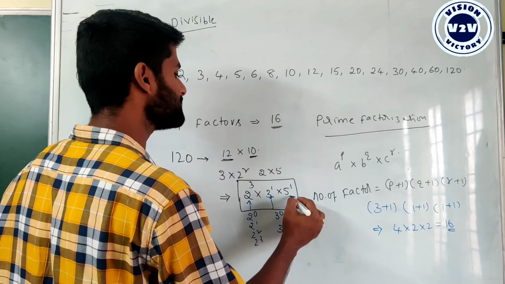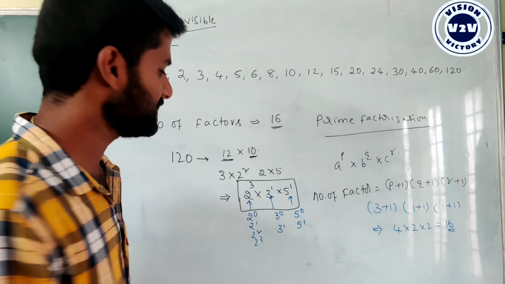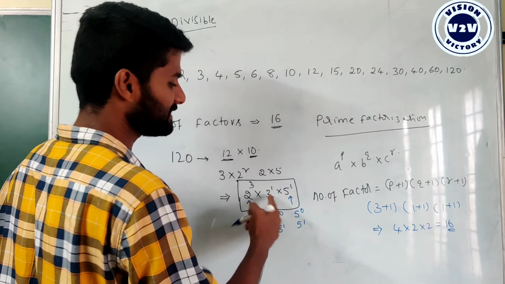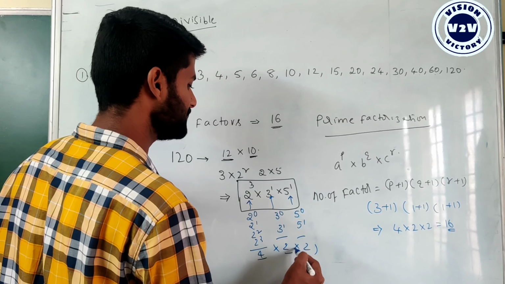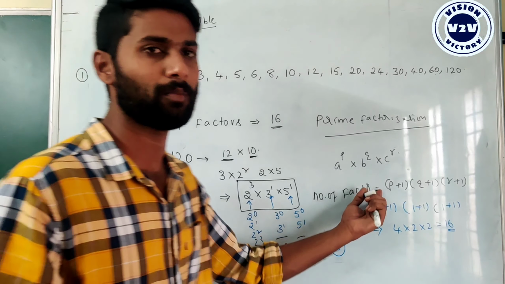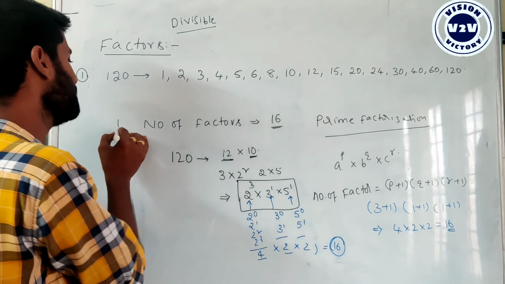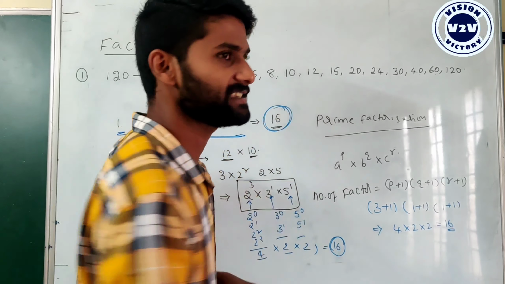And 5 power 1 is divisible by 5 power 0 and 5 power 1. The total number of divisors for 2 is 4, for 3 it is 2 and for 5 it is 2. Simply multiply all these numbers, and the total number of factors becomes 16. So this is the formula approach and this is the definition of factors. So the answer to question number 1, the number of factors of 120, is 16.